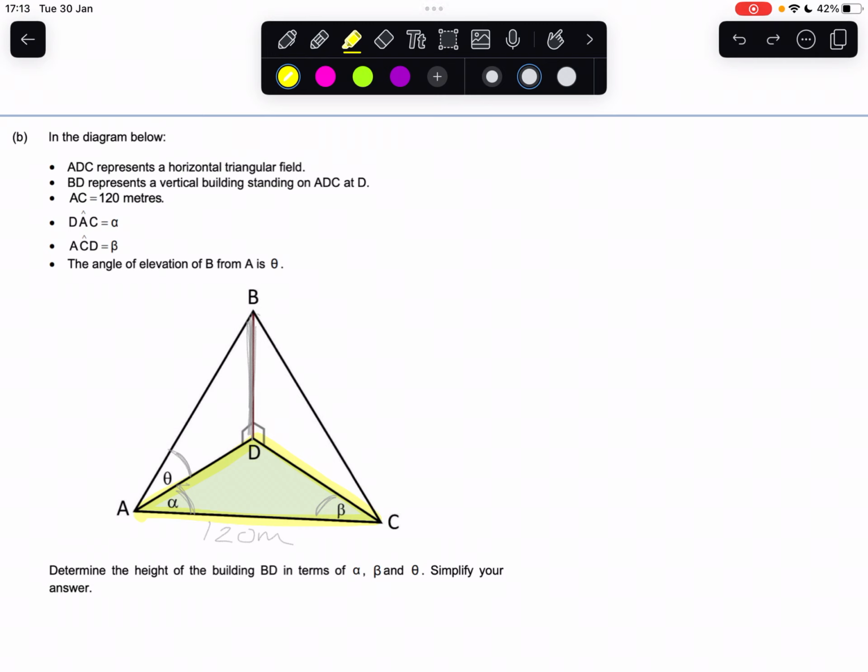So how shall we do it? Instinctively, I want to get an expression for this side, because it's a side that appears in this triangle and also in this triangle. And remember we said, we want to go from the information heavy triangle to the triangle where the side BD appears.